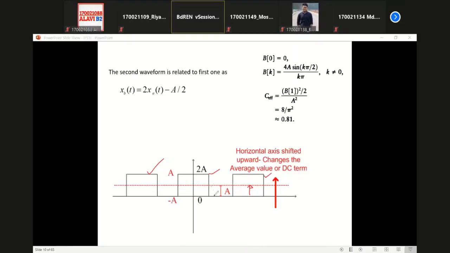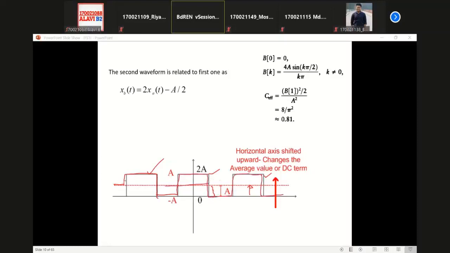This part will come to the negative side, isn't it? Then how will your signal look? Your new signal will be, okay, you can consider plotting it in this way. Something like this, isn't it?